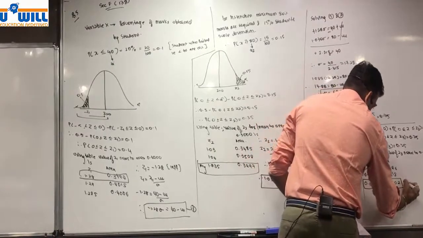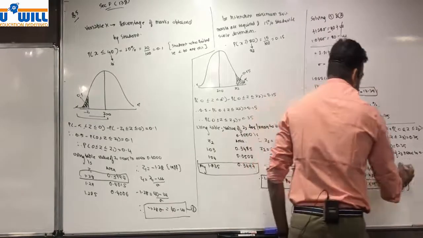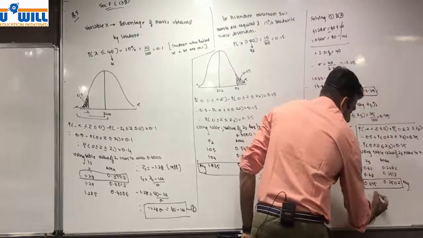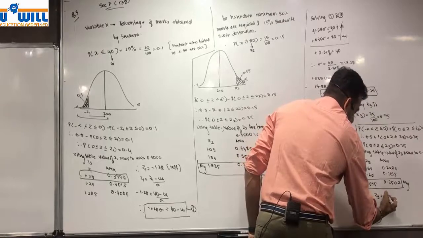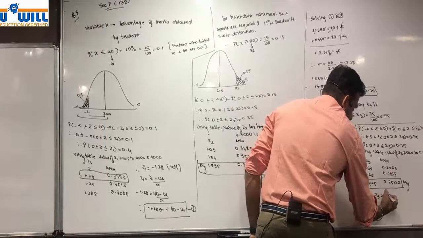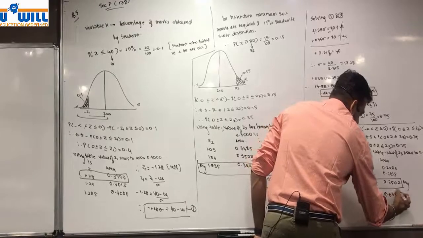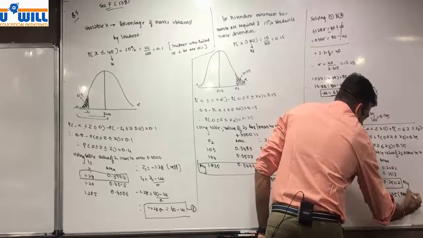This is the average. So therefore Z3 is equal to positive or negative? Positive 0.675 because it's to the right.